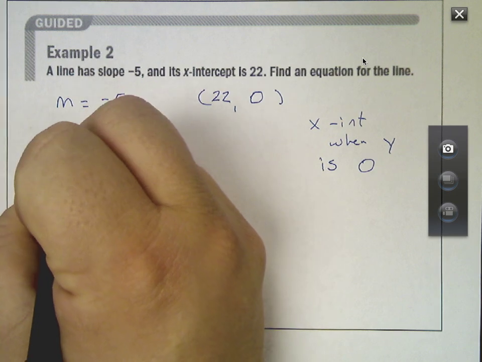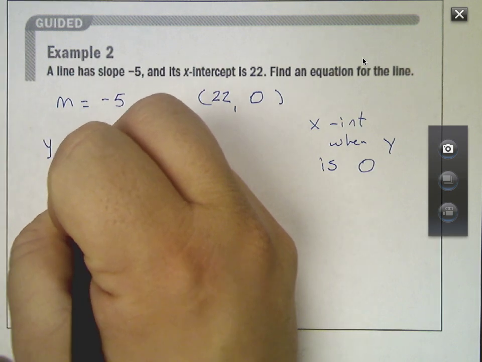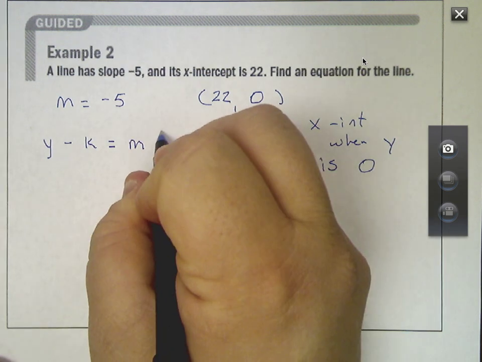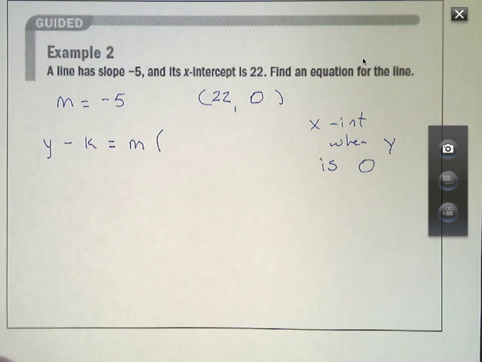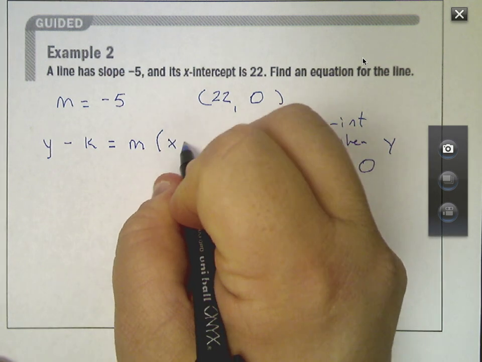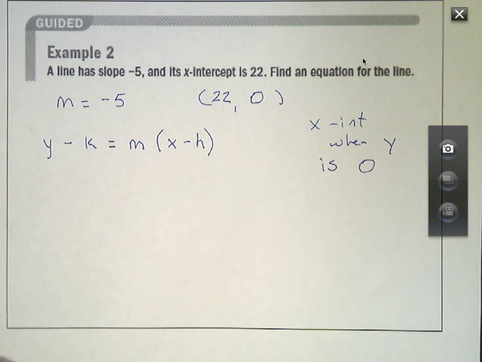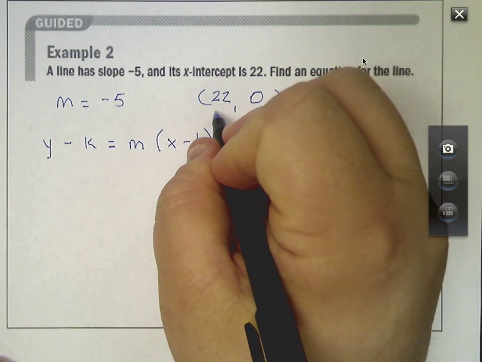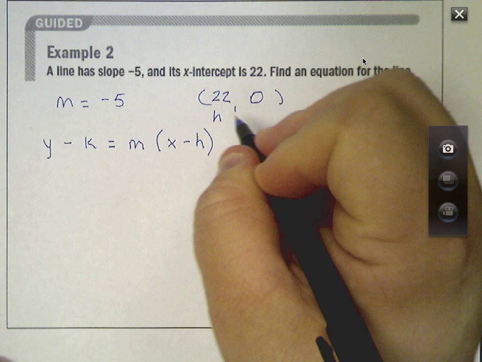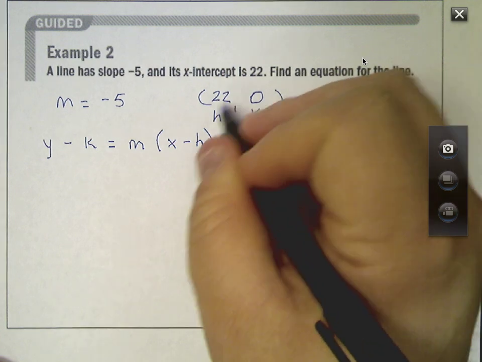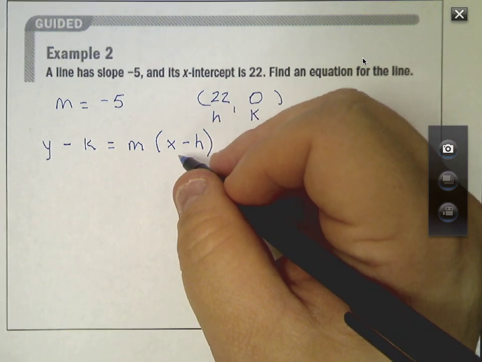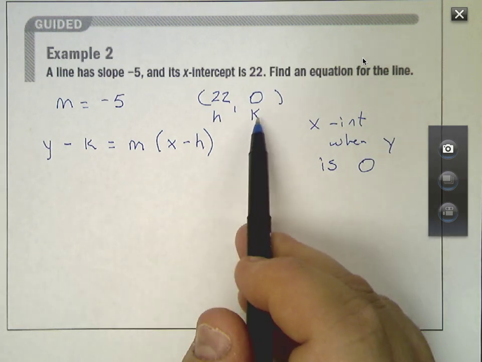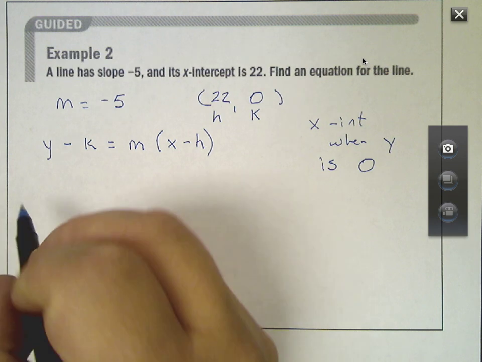Okay? Now, using that equation that they gave us, y minus k equals m times the quantity x minus h. Okay? This is m. This is my slope. This is h. This is k. Now all it's about is putting those numbers into your equation.